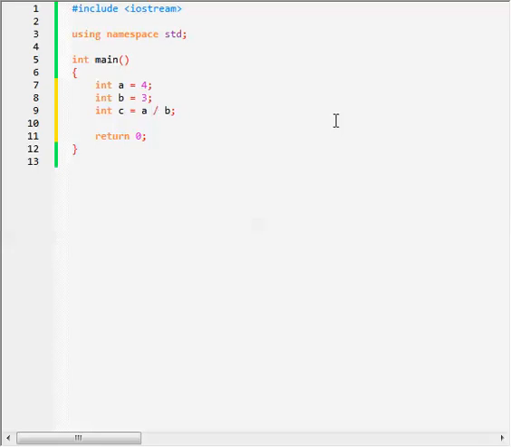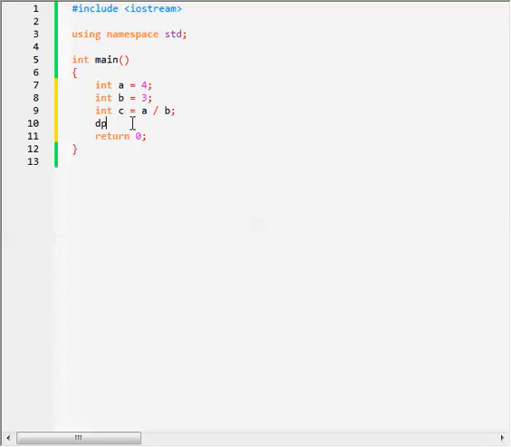If we were to divide them, you'd think the answer would not be an integer. That's what people think. But in actuality, the answer has to be an integer because this is an integer and this is an integer. Because both of these are integers, the result here is an integer and that's put into c.